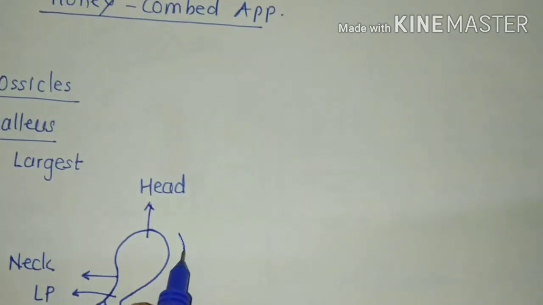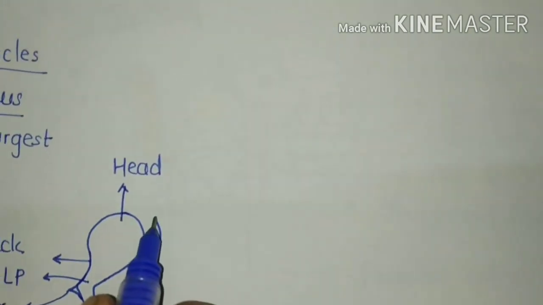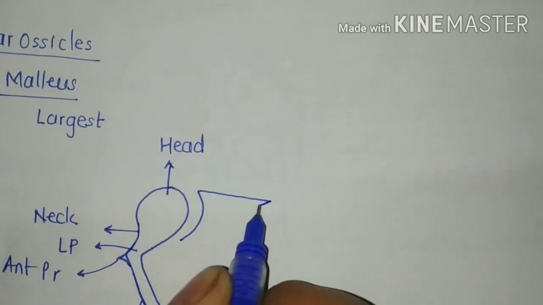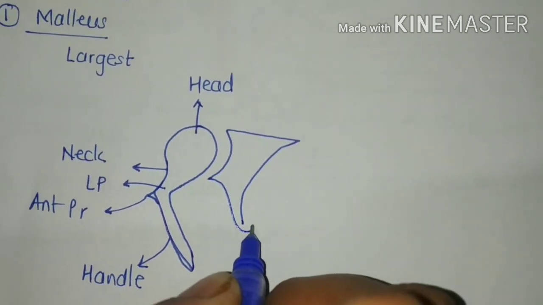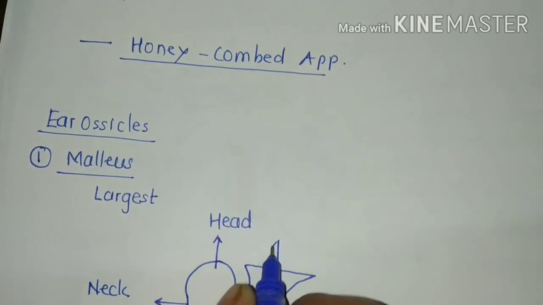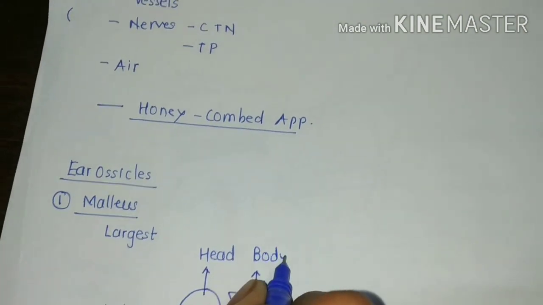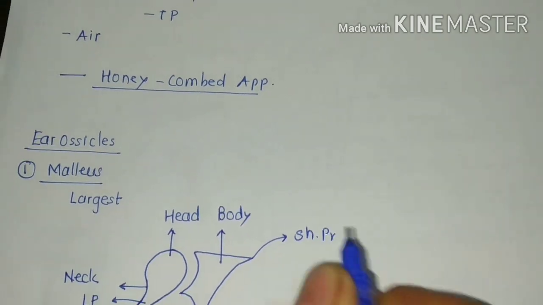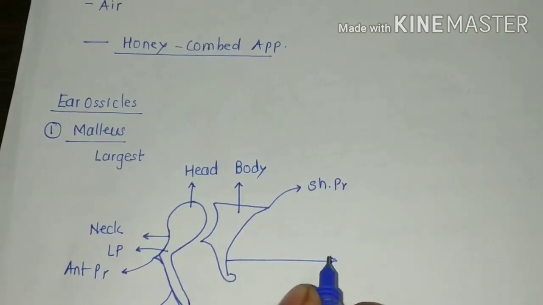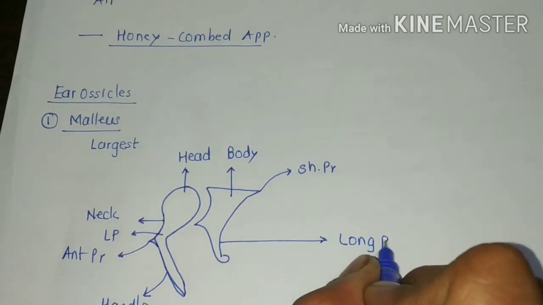So it has body, then it has short process, and it has long process. Clear? So this is the body of the incus. This is the short process of incus, and this is the long process of incus.